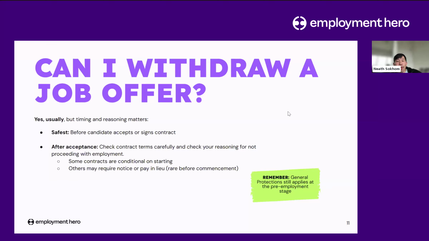So before withdrawing a job offer, again, just as a starting point, it's important to check your reasoning for withdrawing. So some of you might ask, well, why do I need to think so deeply about it? It's probably not that deep because that person is not an employee yet, right? And that's a perfectly valid question to ask.